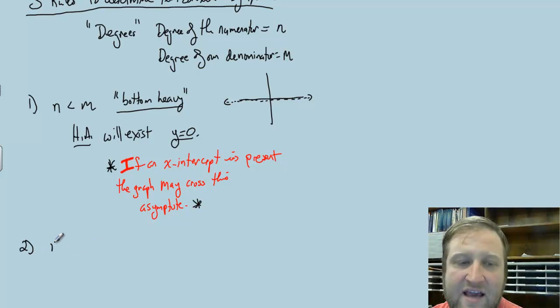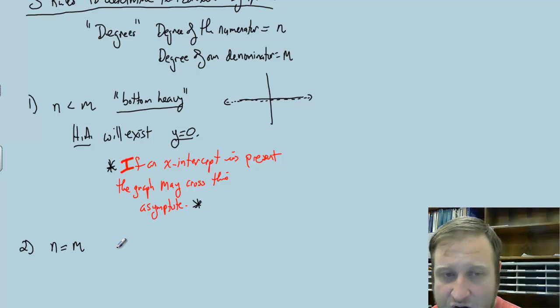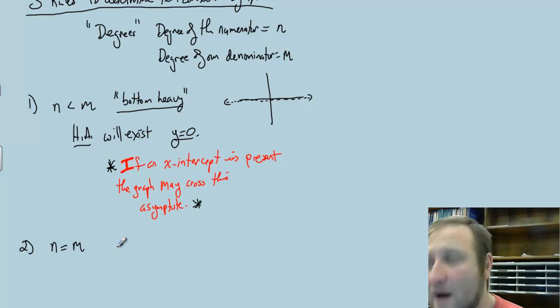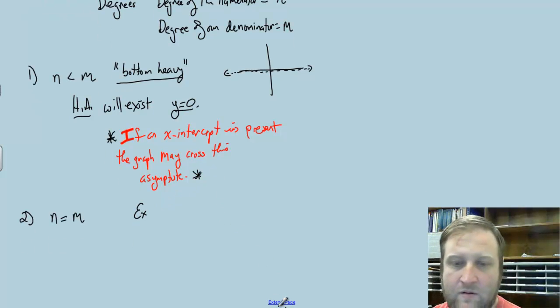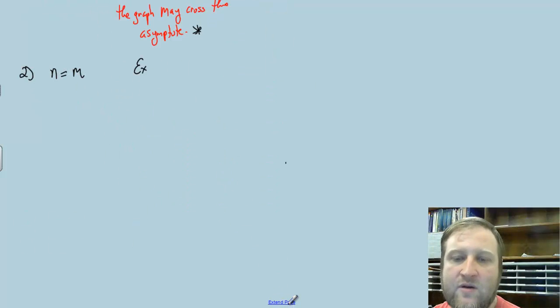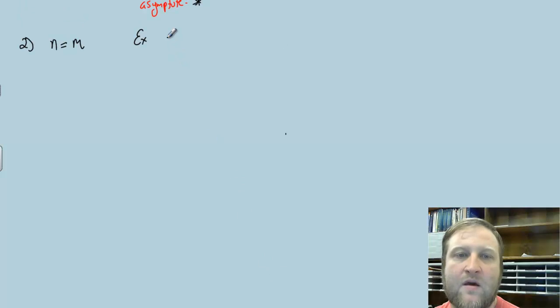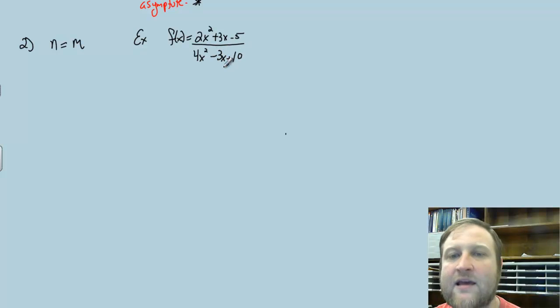The next case is when n equals m. So the degree of the numerator is equal to the degree of the denominator. An example here would be f of x equals 2x squared plus 3x minus 5 all over 4x squared minus 3x plus 10.